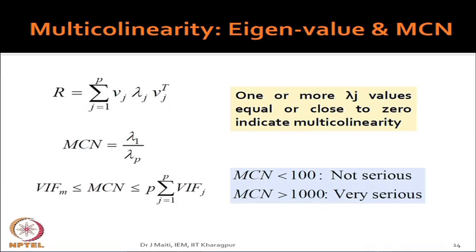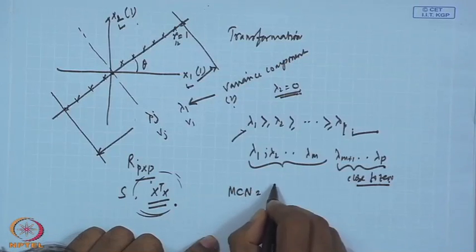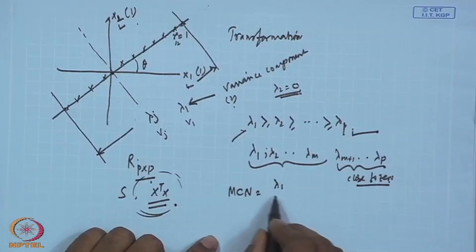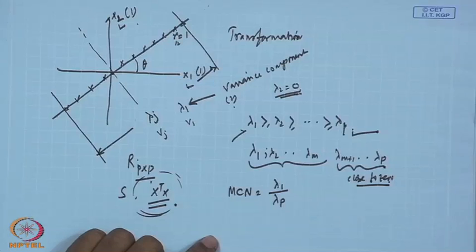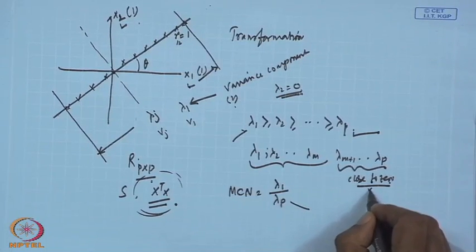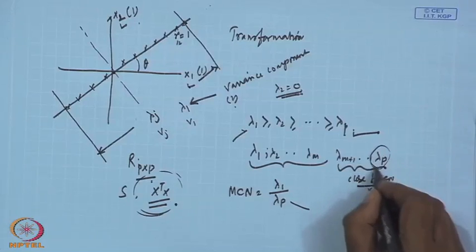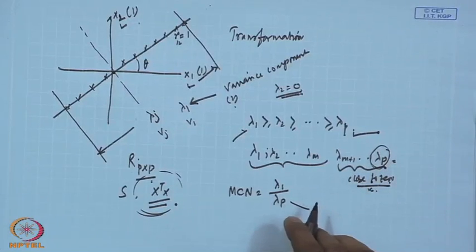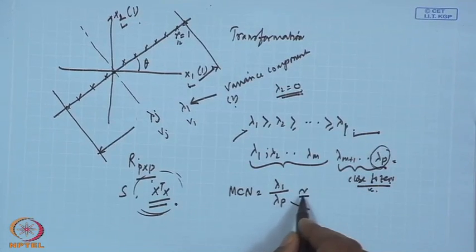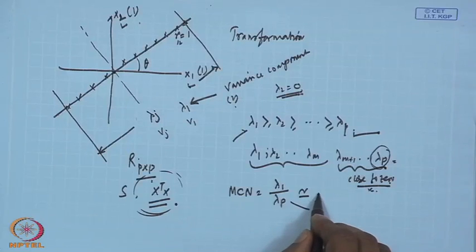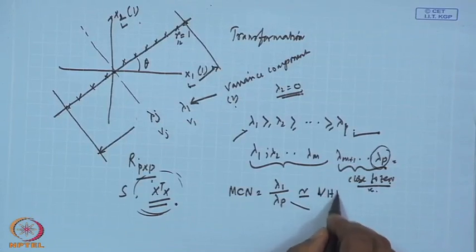Okay. Then there is one more, the multicollinearity number. This multicollinearity number is known as MCN, which is basically the largest eigenvalue divided by the smallest one. Now if there are many values close to 0, then definitely this lambda p is very close to 0, and MCN will be a very high value.